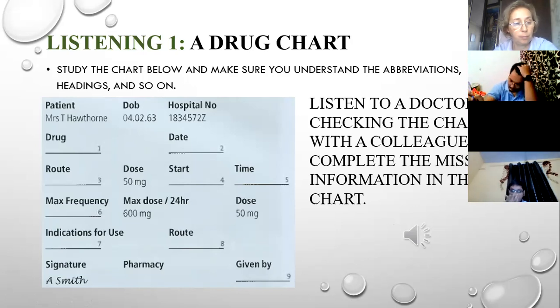Let's see now. Mrs. T. Hawthorne, date of birth 4th February 1963, hospital number 1834572Z. She was prescribed tramadol today, 15th October 2009, given intramuscularly, 50 milligrams, started on 13th October at 11:30.